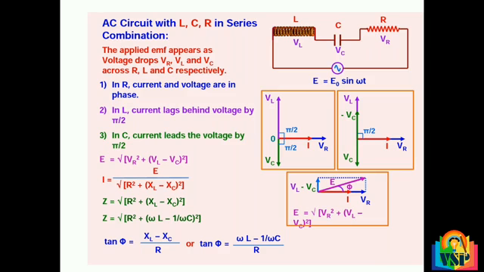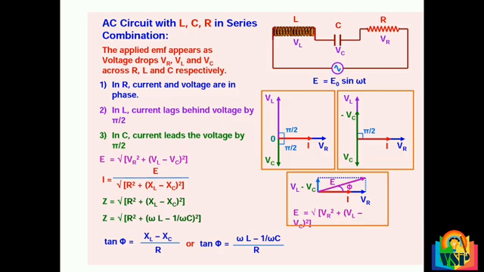In this case, VC we can rotate by 180 degrees, which means we can get minus VC. The resultant is VL minus VC. So then the arrangement is like a right angle triangle.